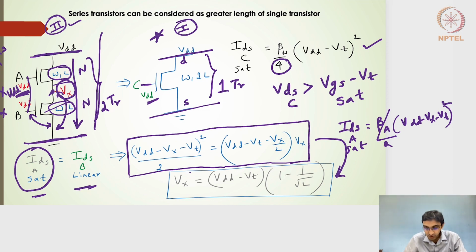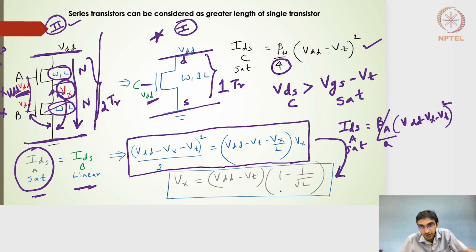So Vx turns out to be nothing but VDD minus VT times 1 minus 1 by square root of 2. Right, so it turns out to be 0.7. So if I pick VDD as 1 volt, VT as 0.3, 1 minus 1 by root 2 is 1 minus 0.707.